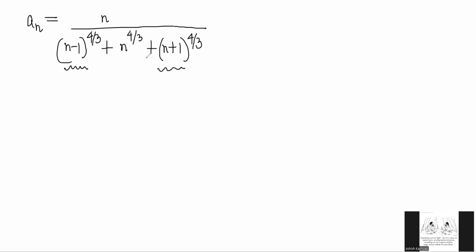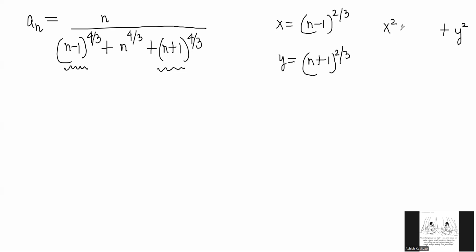These are bad terms. So what we can do is make it slightly simpler by thinking of x as (n minus 1) to the power 2/3 and y as (n plus 1) to the power 2/3. Then this starts looking like x square, there is a middle term, plus y square, right?